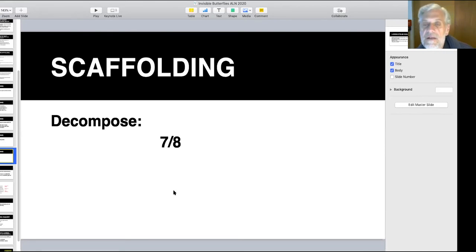So I did this with some 4th and 5th graders. What are some simple ways you could decompose 7/8 with addition? One eighth plus 6/8, 2/8 plus 5/8.